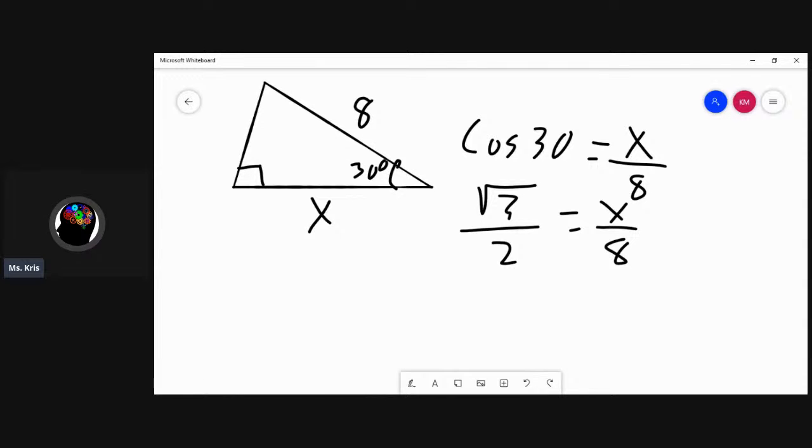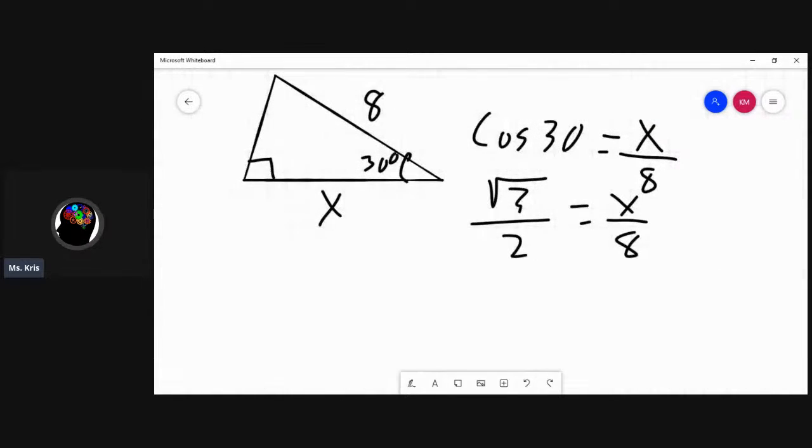you have 2x, because I'm going to cross multiply on both sides of the equal sign. Because, of course, this is considered a proportion. And proportion means I set one thing equal to another thing. I set one fraction to equal another fraction, or I set a fraction to equal a whole based on its proportion.